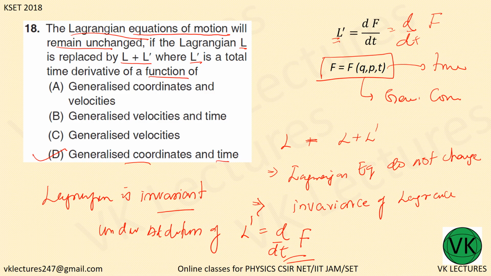So the takeaway from this question is, Lagrangian is invariant means the Lagrangian equation of motion does not change. Though Lagrangian changes, the equation of motion does not change. That is called Lagrangian is invariant. Now what is that addition? This L dash means total time derivative of this f.